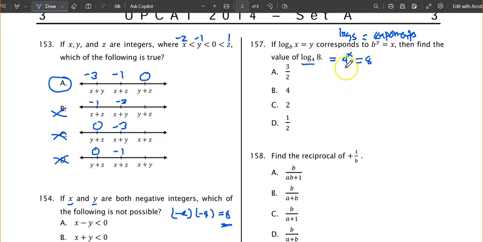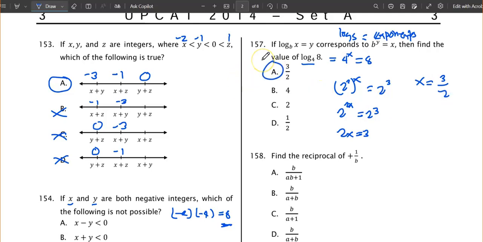So we're gonna simplify this, make the bases the same. So we will get 2 raised to 2 and then raised to x equals 2 cubed. And then this becomes 2 raised to 2x equals 2 cubed. Since the bases are the same, equate the exponents: 2x equals 3, and then solve for x, x equals 3 halves. That is letter A in the choices.